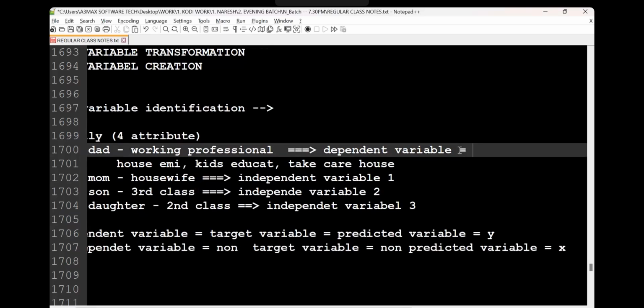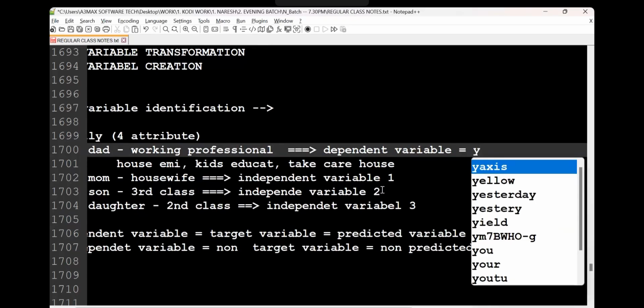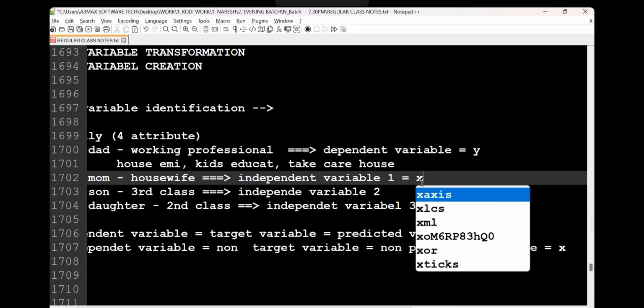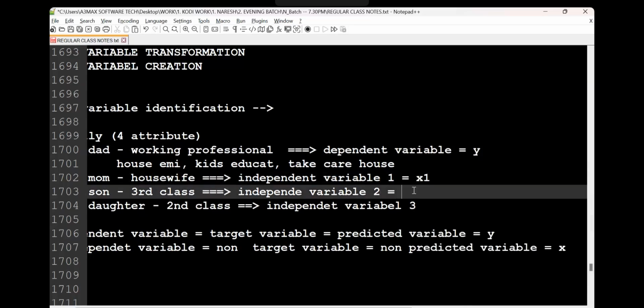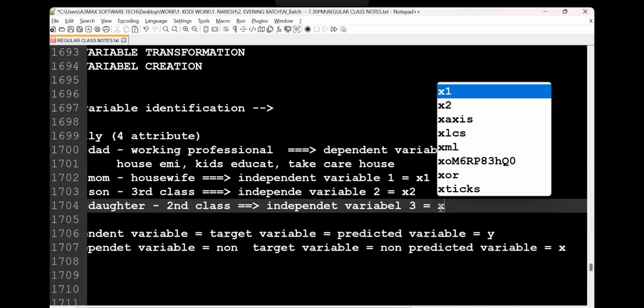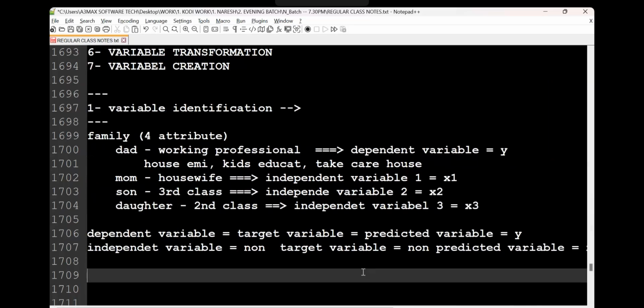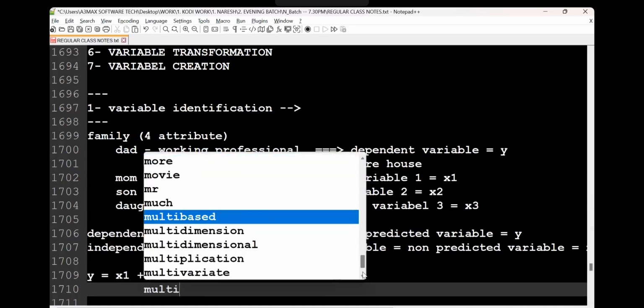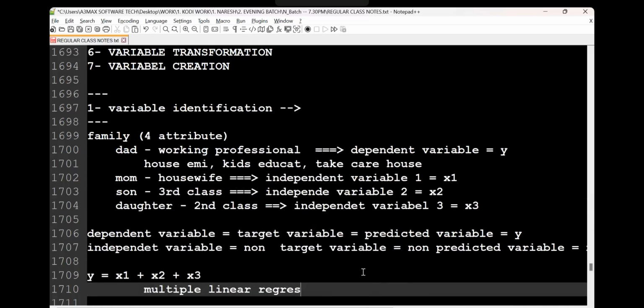Dependent variable, Y. And mom is X1, this is X2, this is X3. Can I create one equation now? Y equal to X1 plus X2 plus X3. Pretty clear. This is called the multiple linear regression algorithm. Very simple.